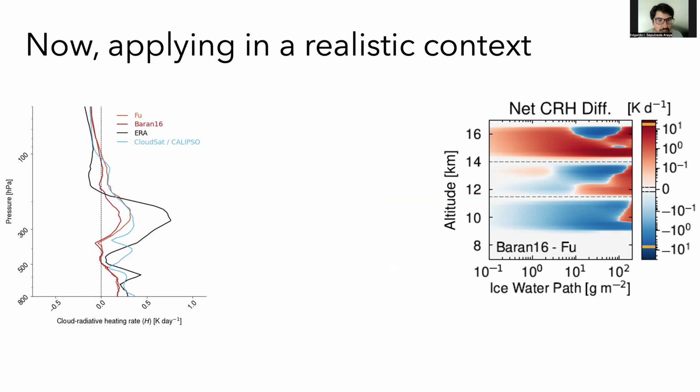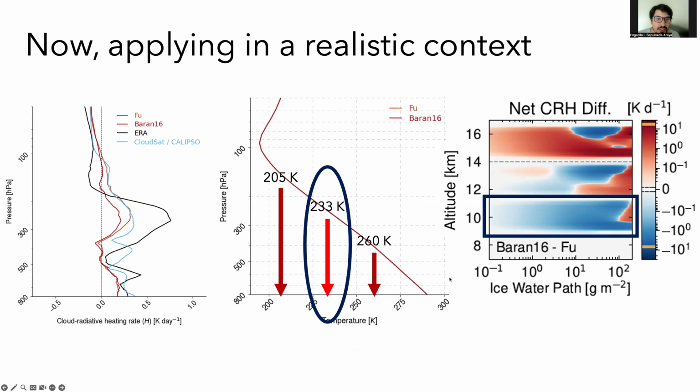So for example, in this scenario, we can see the temperature profile for this Asian monsoon context. And we see, for example, the peak of the heating rate, which corresponds to the peak of the ice-water mixing ratio, as I will show you next, corresponds to a relatively high temperature, 233 Kelvin.